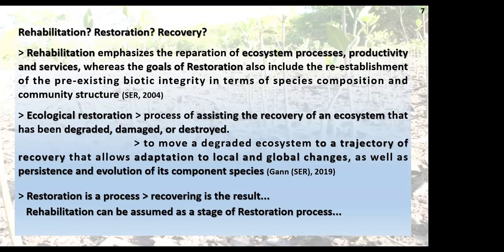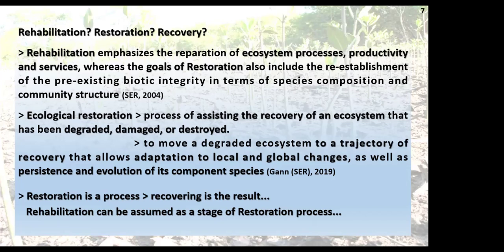Ecological restoration is a process of assisting the recovery of an ecosystem that has been destroyed or damaged. Ecological restoration also implies moving a degraded ecosystem to a path of recovery, but importantly, allowing the adaptation to local and global changes and the persistence of their component species.